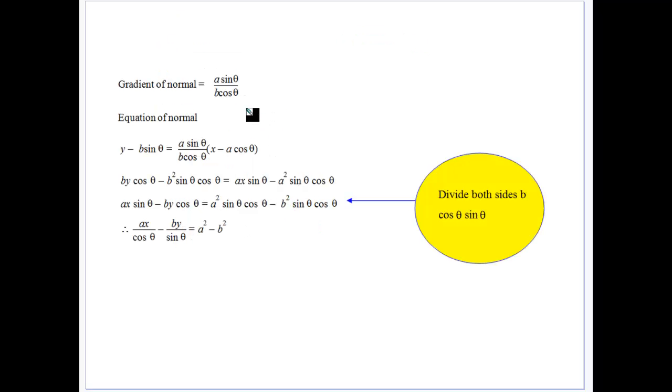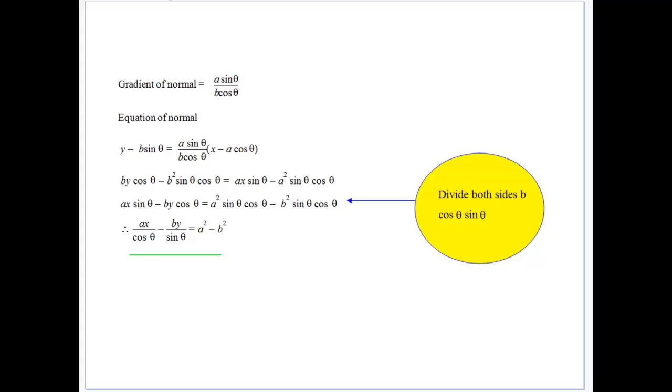And the same thing happens with the gradient of the normal as we did before. We substitute those in to get it back to this form, which is the standard form for the gradient of the normal. We're just dividing by sine theta cos theta once we manipulate it all, and getting a squared minus b squared. So there's how we find and do the algebraic manipulation to get the gradient and tangent.